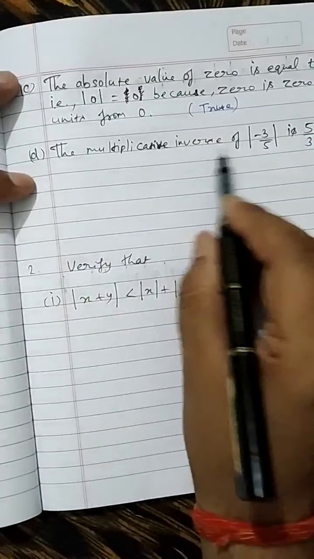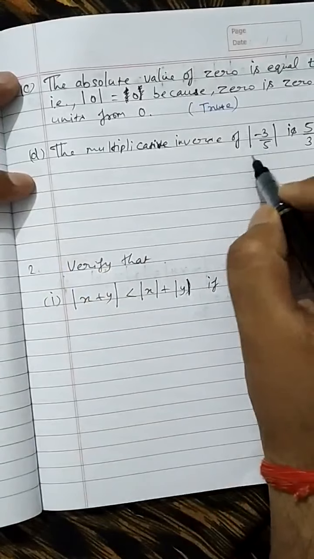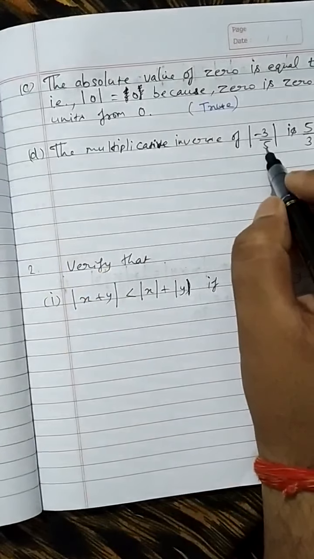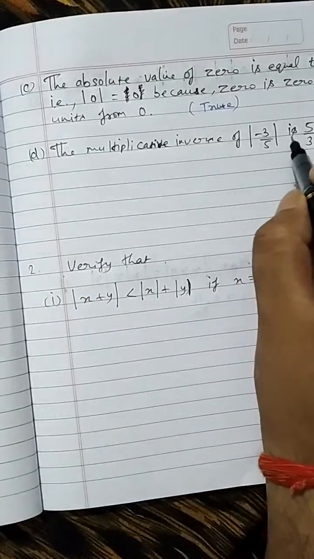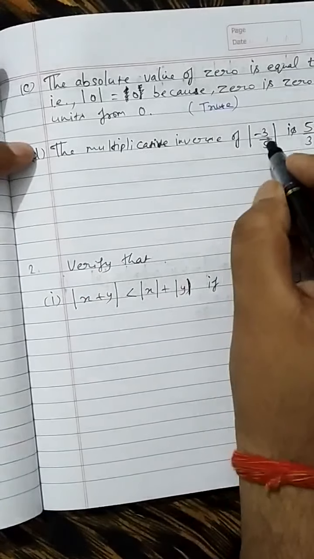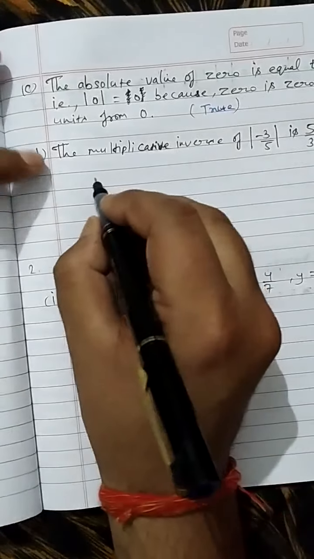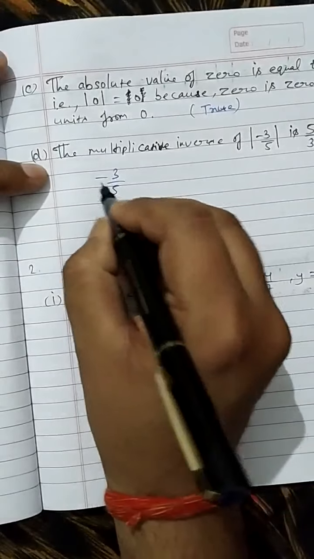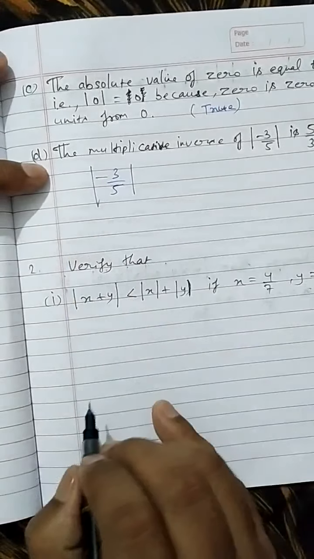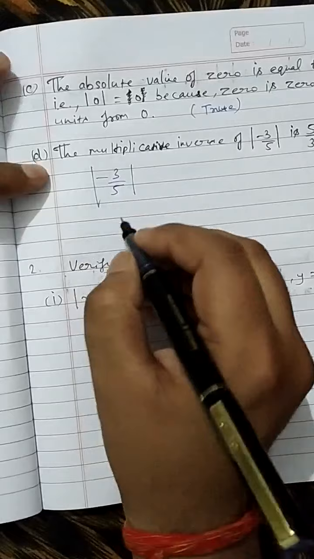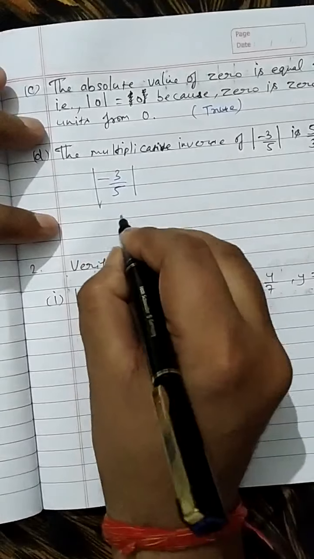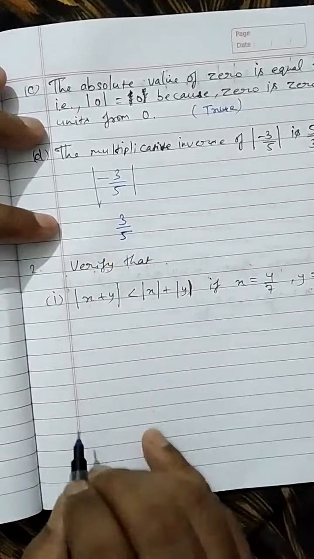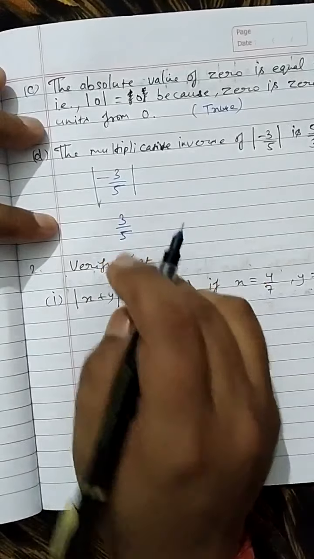Next, the multiplicative inverse of the absolute value of minus 3 upon 5 is 5 upon 3. So first we will solve this minus 3 upon 5 in absolute sign. It will become positive 3 upon 5 when it comes out of the absolute sign.